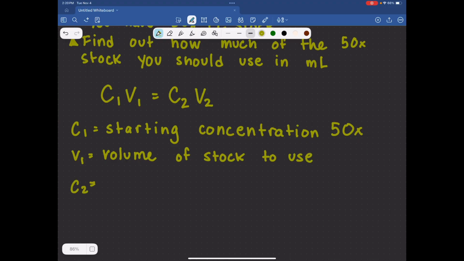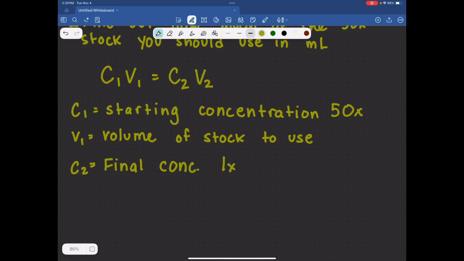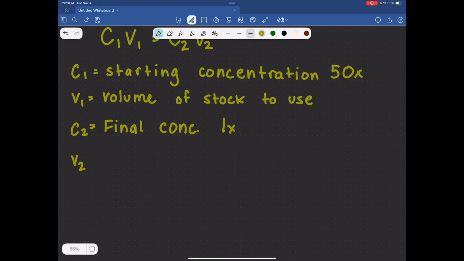C2 is going to be our final concentration, which is going to be 1x. And V2, which is our final total volume, and that's going to be 1.5 liters, final volume.